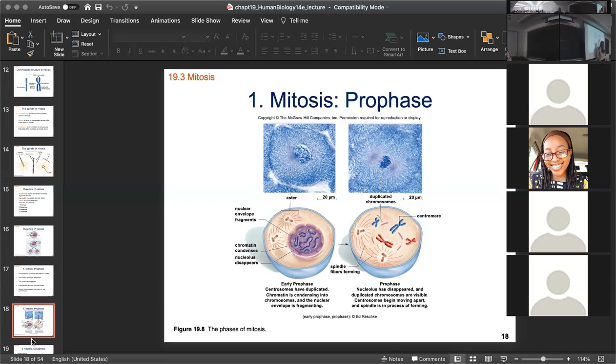You know they're duplicated because that's the normal amount, and now they're super condensed and dark. You can see the centrosomes, and you can see these fibers attaching there that are going to pull that apart. Remember, in prophase, we can see the condensed chromosomes in the nucleus, and we can start to see the spindle fibers. So you have early prophase, and then the main show of prophase.